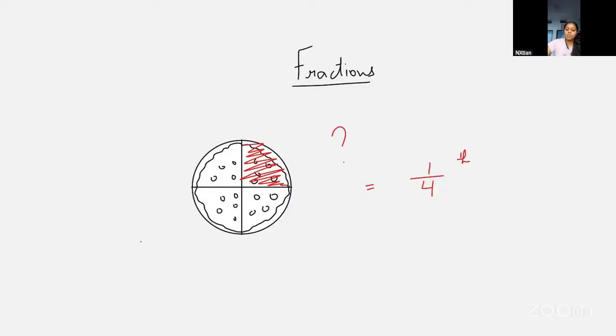Now, 1/4 is considered a part of the whole. In the same way, if you all have eaten three pizzas, I can represent it as 3/4. How much you've eaten? 3/4.